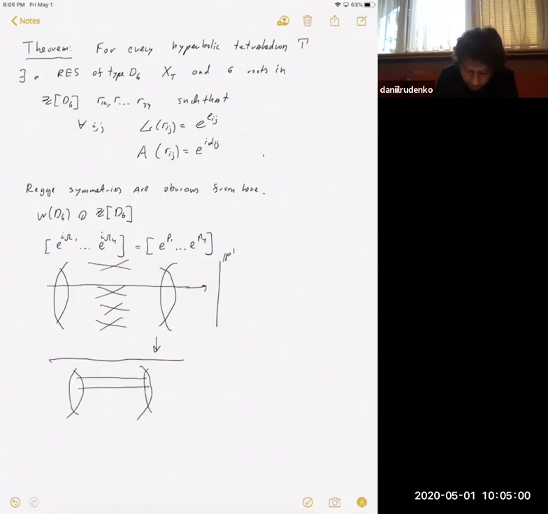And for this map, it has a property that there exist 4 fibers. And these fibers have a property that the cross ratio of 4 points on the left side is the same as the cross ratio of exponents of lengths of perimeters.